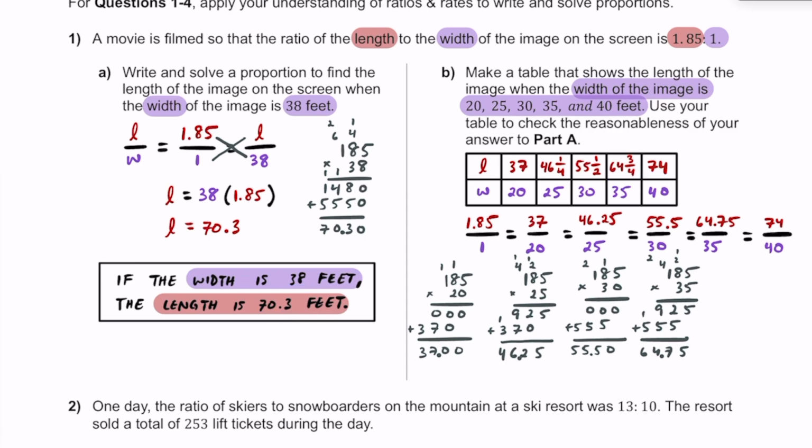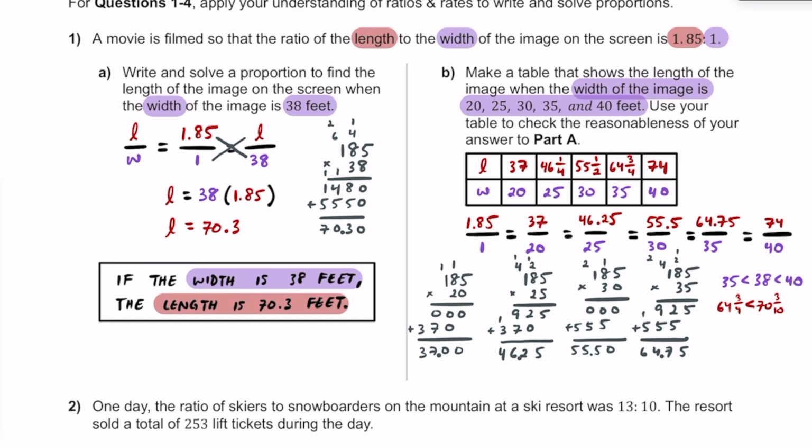So maybe what we could just write more simplistically is that because 35 is smaller than 38, which is smaller than 40, right? Because 38 over here fits between these two values on a ratio table, then it kind of makes sense where our value lies between as well. That if you look at the length, the 64 and 3/4 is indeed smaller than the 70 and 3/10.